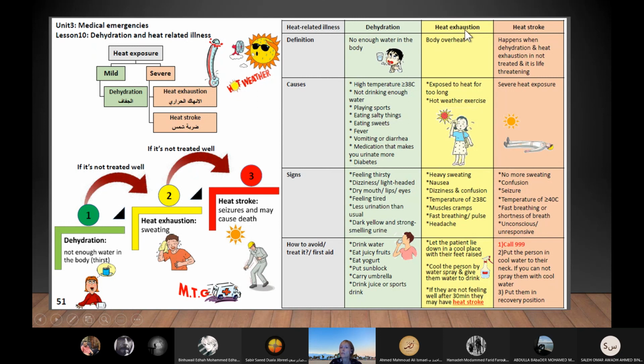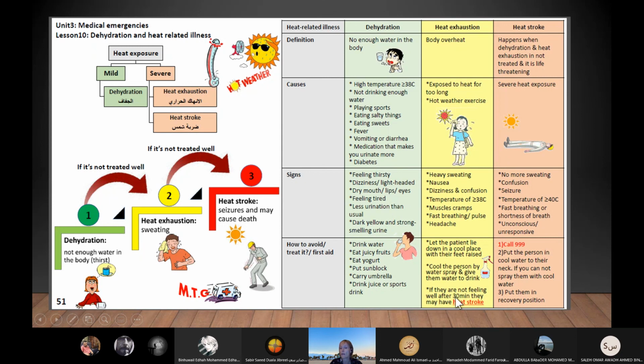So if you have heat exhaustion, maybe you've been running a marathon, then you are going to be overheated, okay? So you could be heavily sweating, you could be very nauseous and dizzy, okay? So you should lie down and you should try to help cool this person with some water, okay?